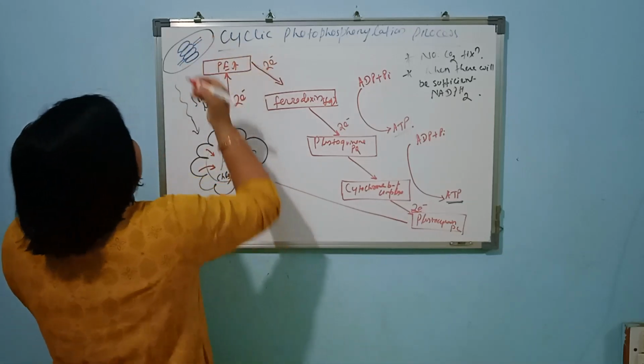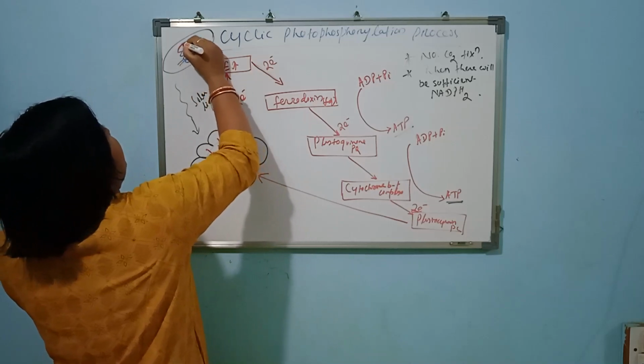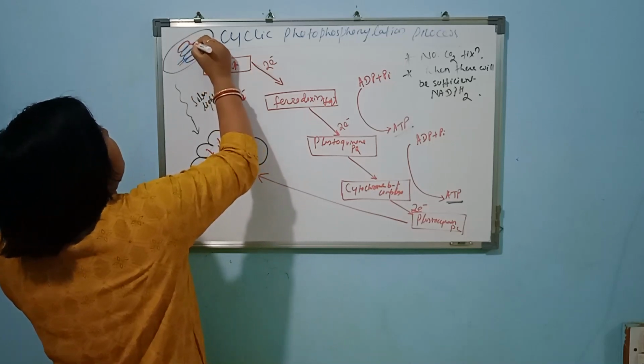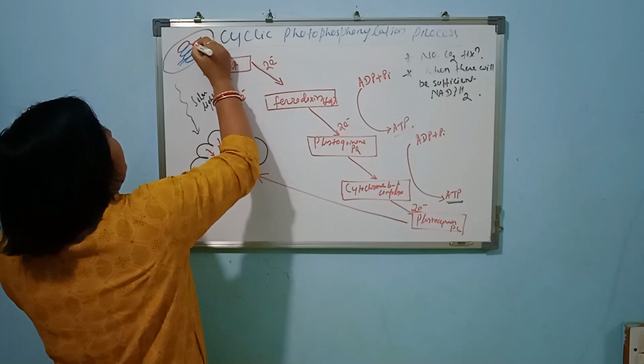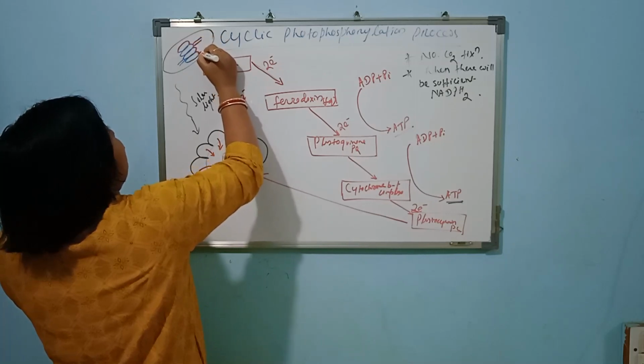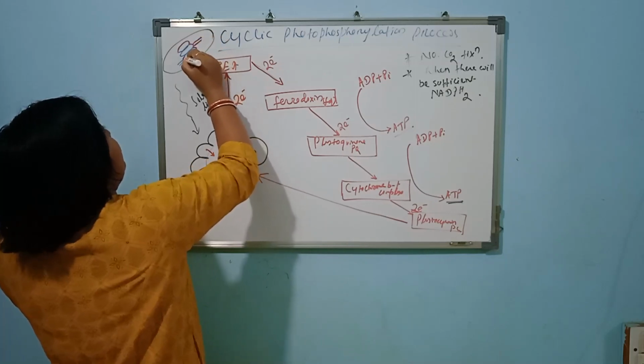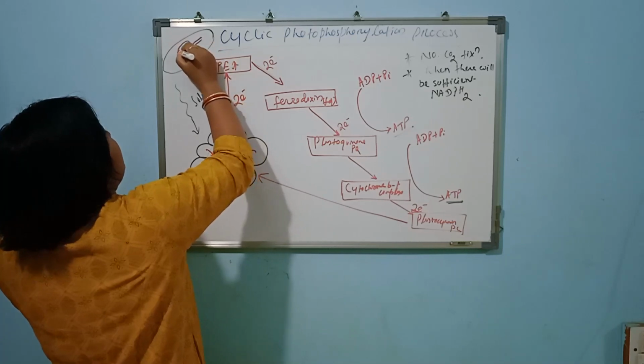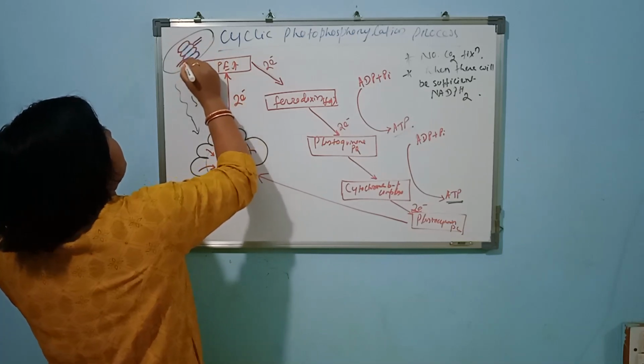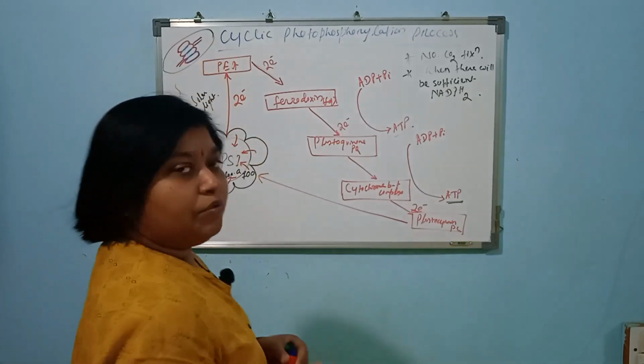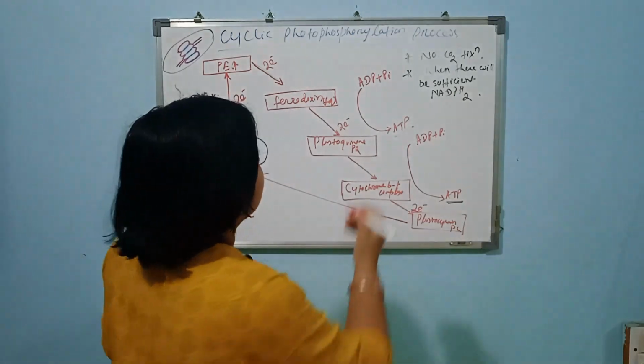This pigment system 1 you will find in the non-appressed part. In this part you will find only pigment system 1. So only in this part is this cyclic photophosphorylation process occurring.